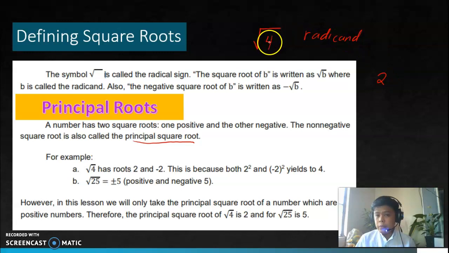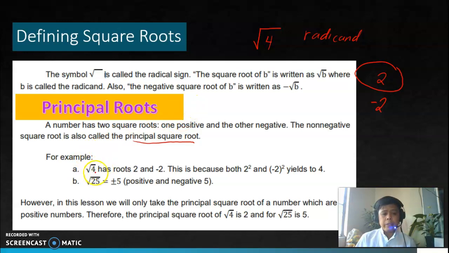That is 4. Aside from 2, meron pang isa. That is negative 2. Negative 2 times negative 2 will also give us positive 4. So, ang square root ng isang number ay pwedeng positive, pwede ring negative. Ngayon, kapag sinabi nating principal square root, ang kukuhanin lang natin is the positive na square root, yung non-negative.